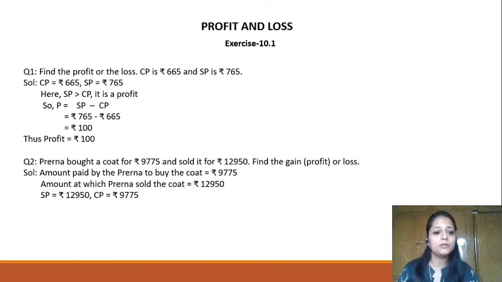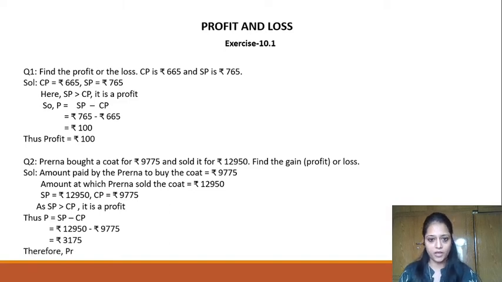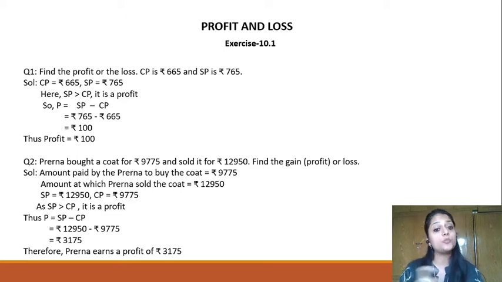One more example. Prerna bought a coat for rupees 9,775 and sold it for rupees 12,950. Find the gain or the loss. So firstly, let's write the statement. Amount paid by Prerna to buy the coat: rupees 9,775. Amount at which Prerna sold the coat: rupees 12,950.